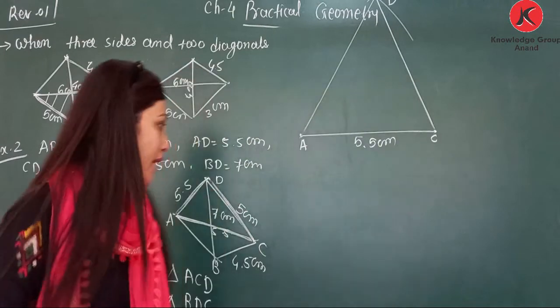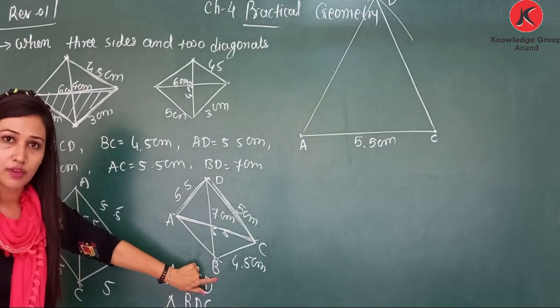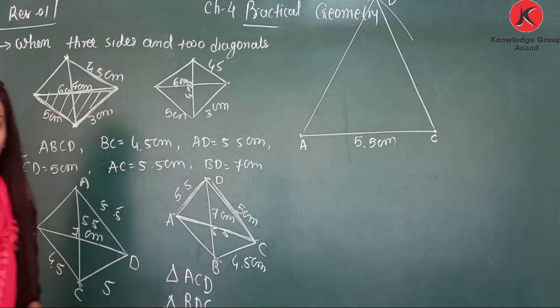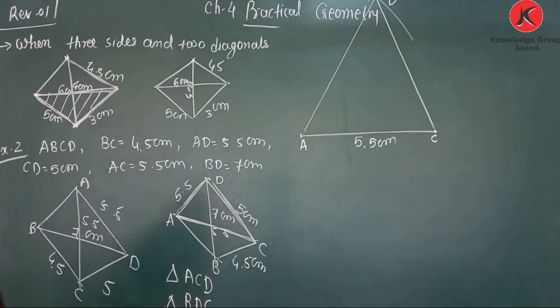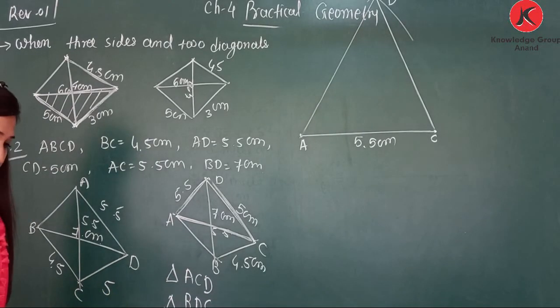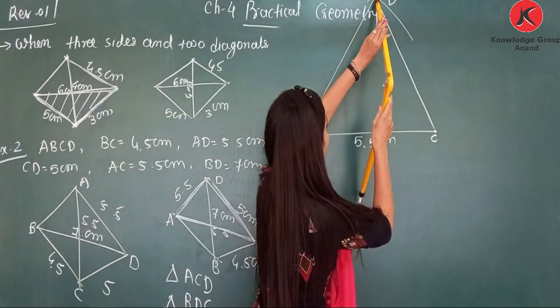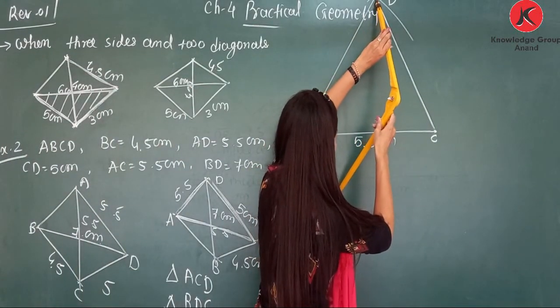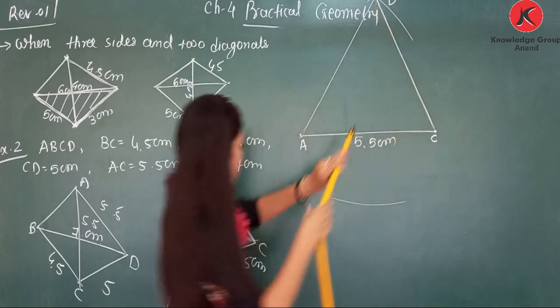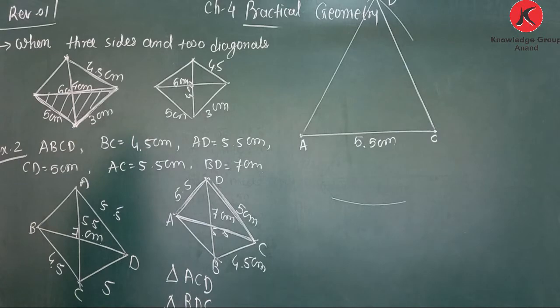Now how can we get point B? From D it is 7 centimeter away, so from D we need to make an arc of 7 centimeter. Let's take the measurement of 7 centimeter on the compass. This is our 7 centimeter. From D make an arc of 7 centimeter. From C make an arc of 4.5 centimeter.